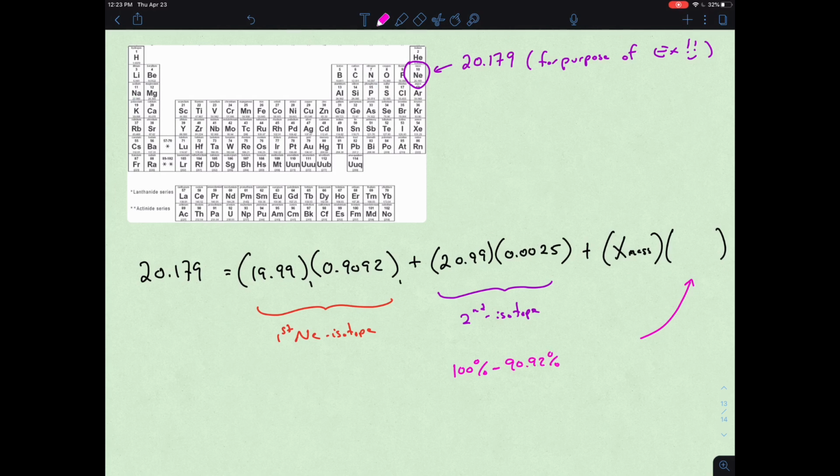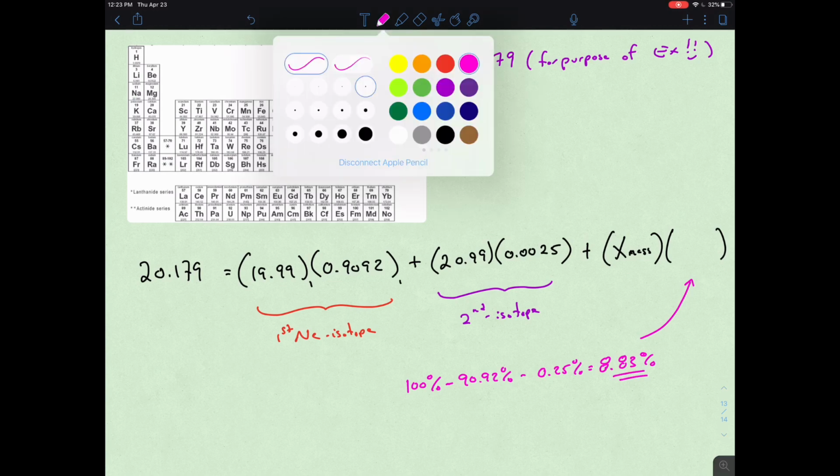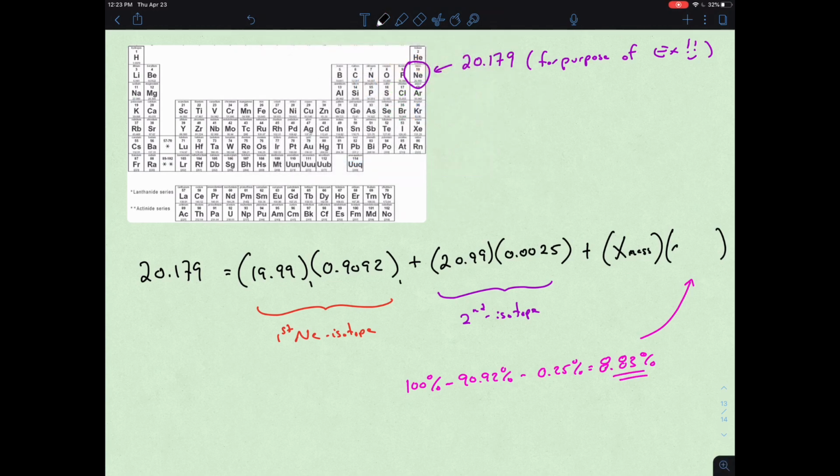We have the 90.92% for the first isotope. We have 0.25% for the second isotope. And so that gives us 8.83% for the missing. And so that would be our 0.0883 that we would plug in there.